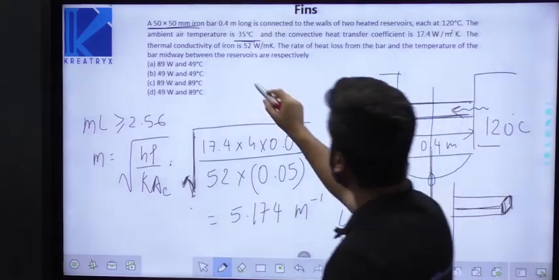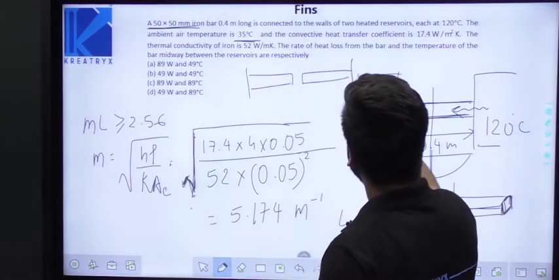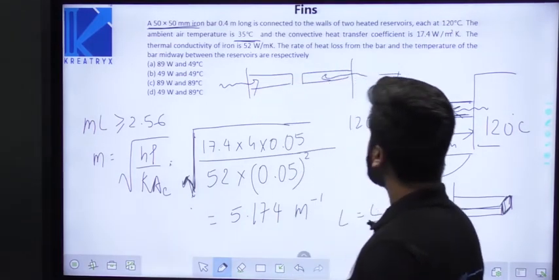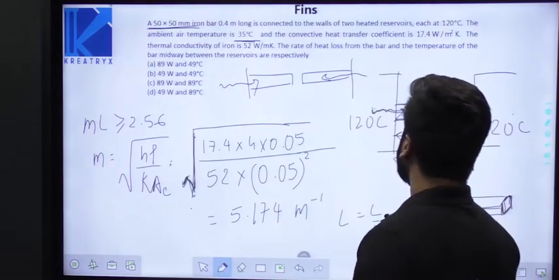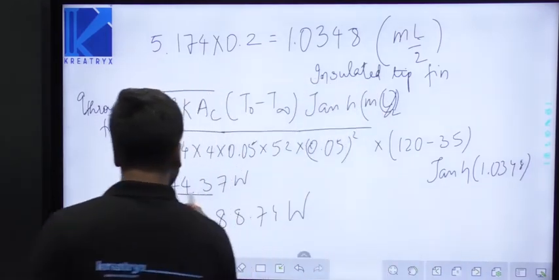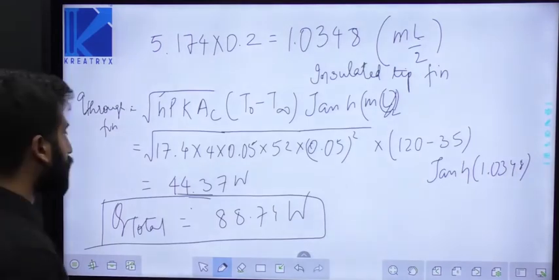I'm actually separating these two fins, taking these as two fins. Some part of the heat will go from this side, some from that side, and they both will be equal. So the total will be twice this value, 88.74 watt.